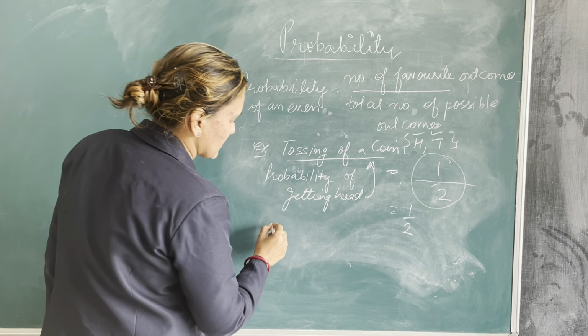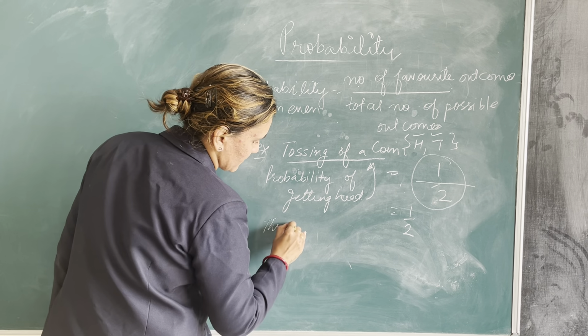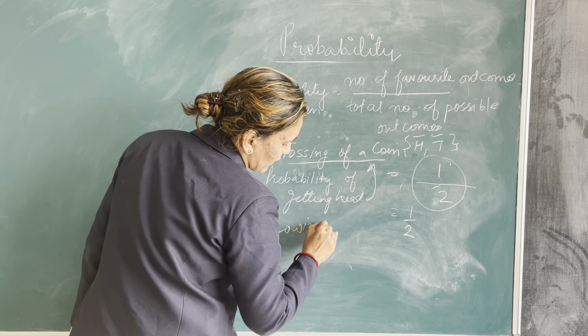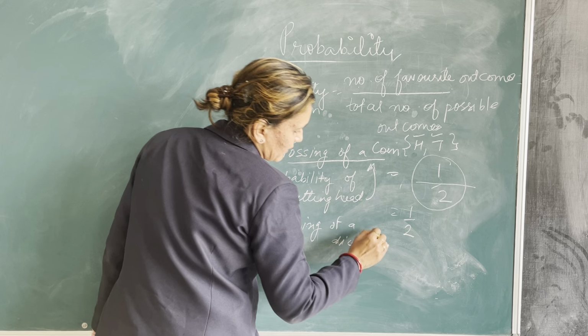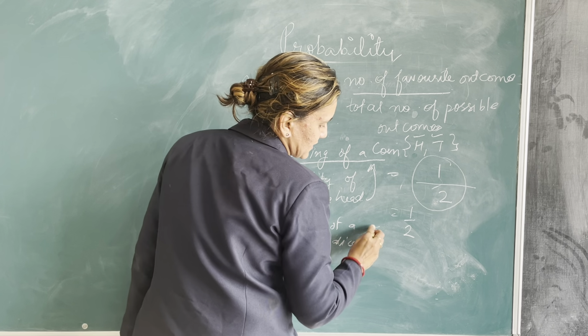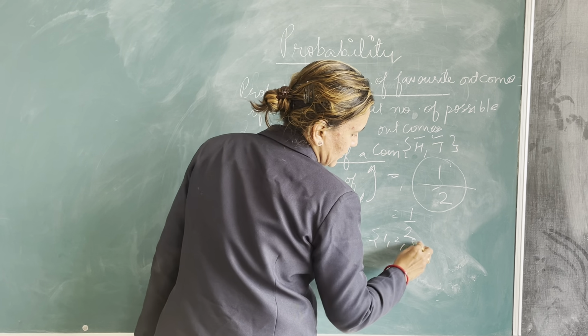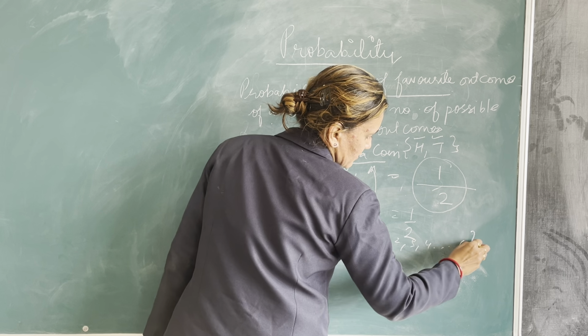Let us take one more example, throwing of a dice, right? When I throw a dice, what are the possible outcomes? It is 1, 2, 3, 4 up to 6.